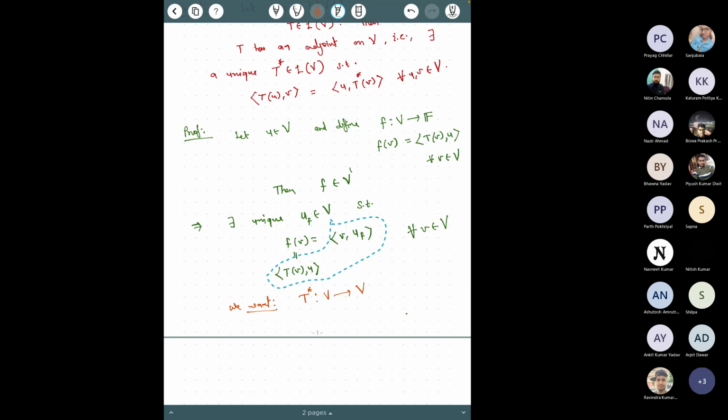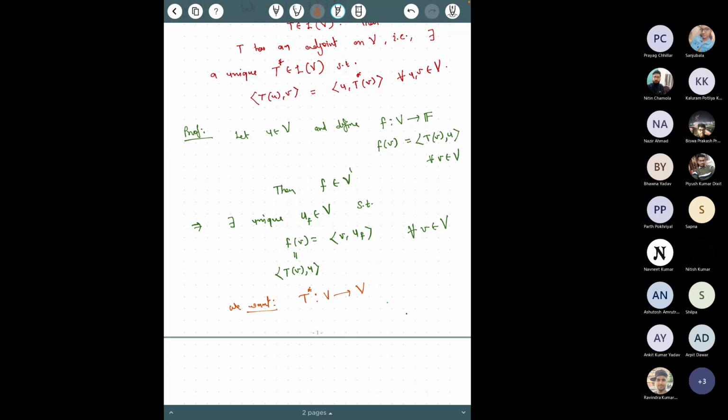Is there a way to relate the vector here to here from what we did above? If I take a vector here, then where should I send it? Or which vector should I assign to it?